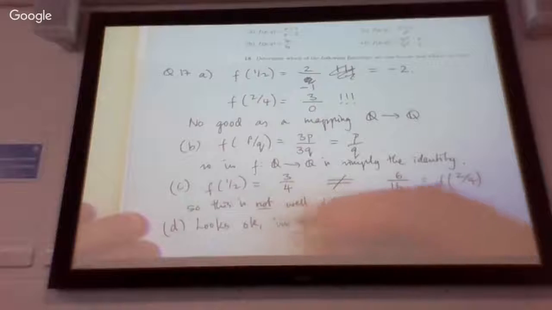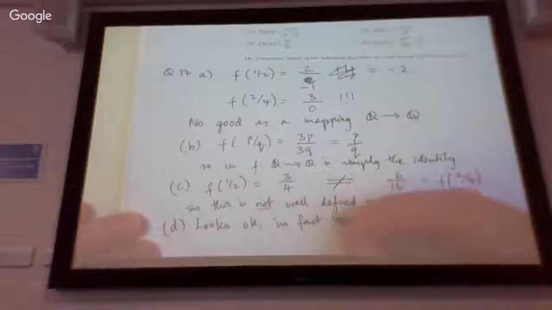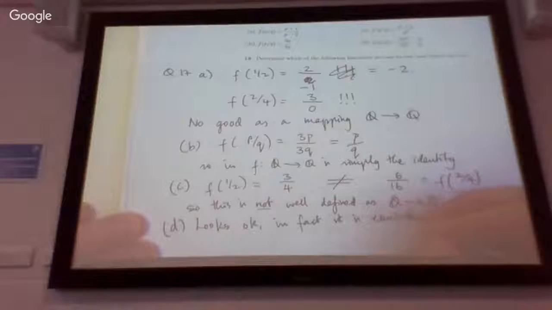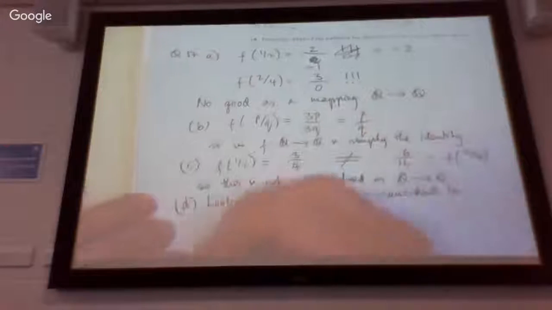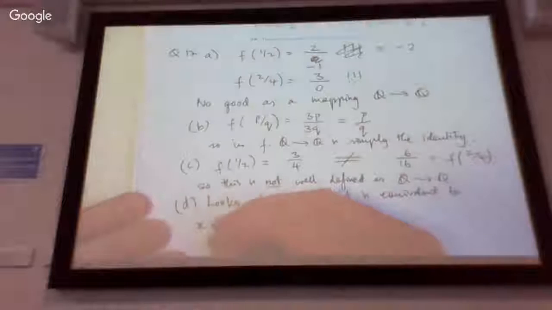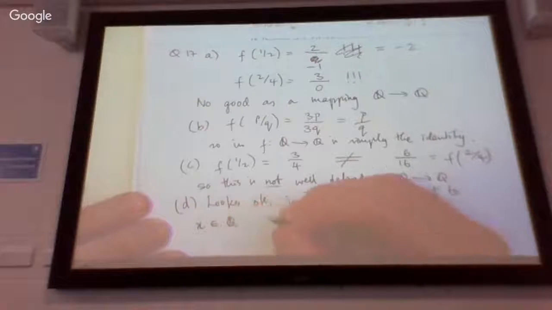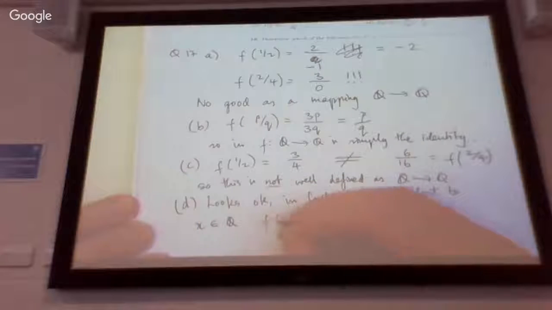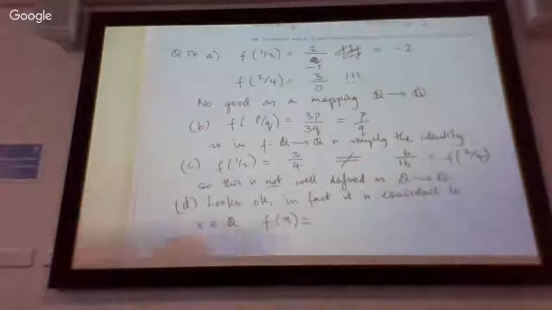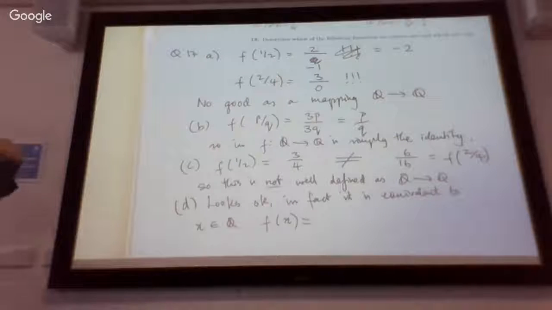In fact, if x is a rational number, we can define f of x in a fraction-agnostic way.